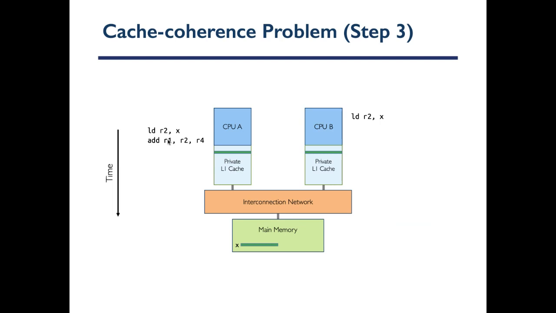Then, step 3, the thread running on CPU A runs a store. So now it wants to store R1, the result, to X. Usually what happens is your CPU sees that it actually has the data in the cache, so it writes the data to its own cache and makes the cache line dirty, meaning that this cache line has changed.